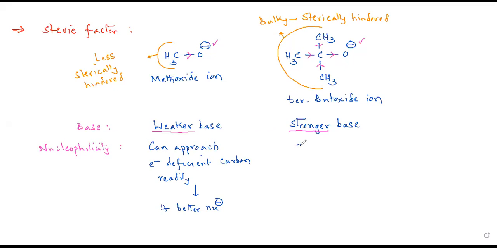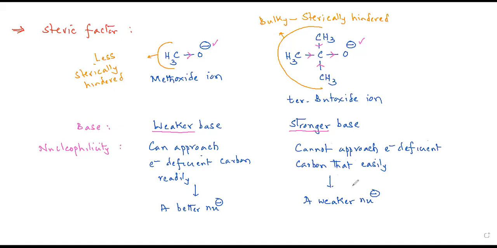Whereas this one cannot approach the electron deficient carbon that readily or that easily, being more sterically hindered. So, a weaker nucleophile. Okay, so these are the different factors that affect the nucleophilicity.